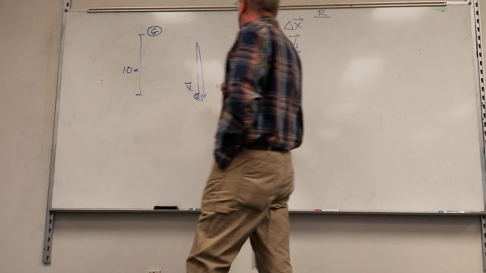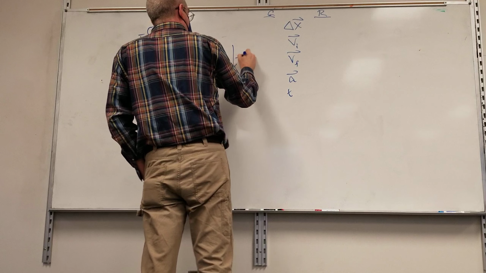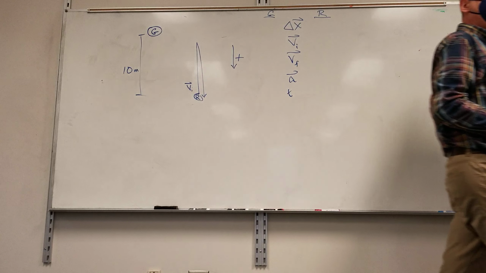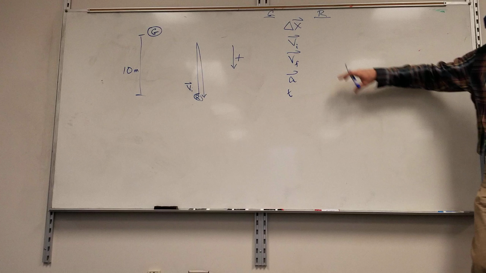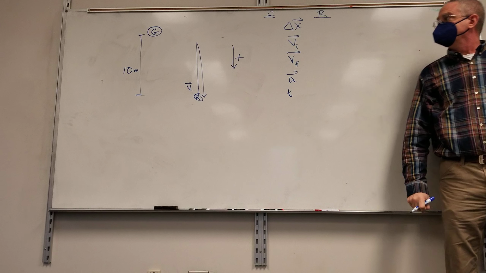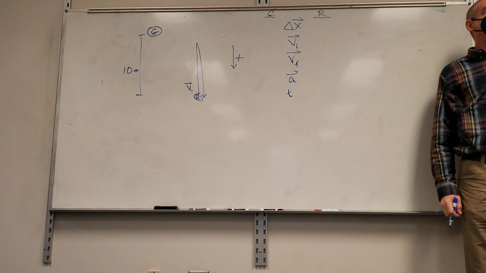Yeah. Okay. Why? You should give an opinion on the problem. Both balls will be going down eventually. True. Since downward's positive, which of these variables do we expect to be positive?